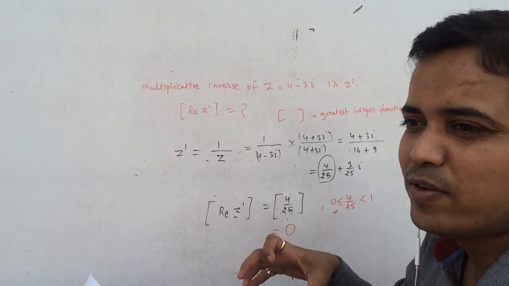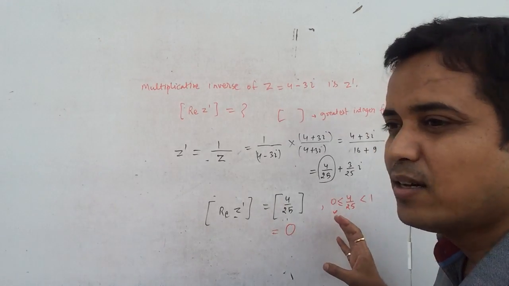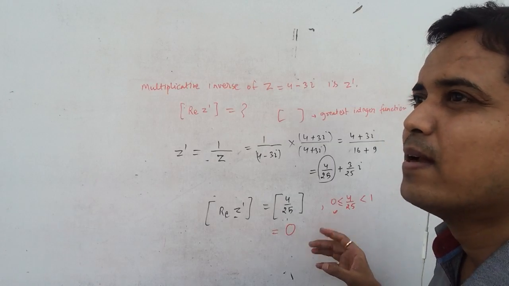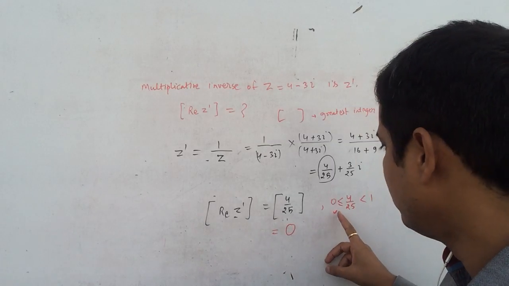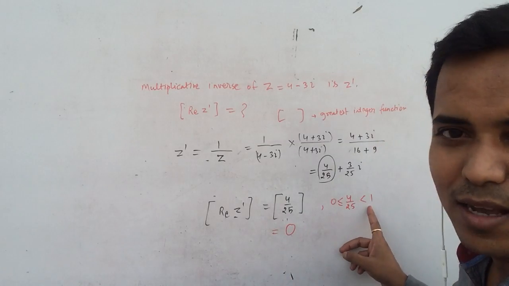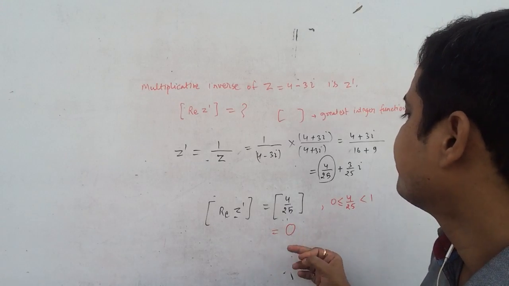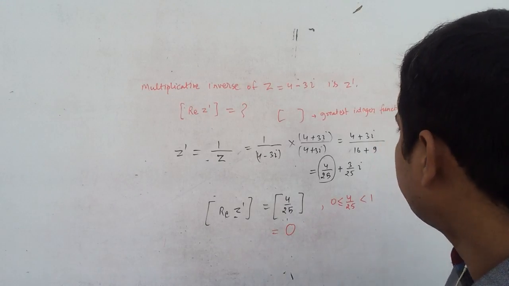Whenever you take the greatest integer function, you take the lower value, and 0 is the least integral value here. We are not taking 1 as the answer because 1 is not included. 0 is the answer.